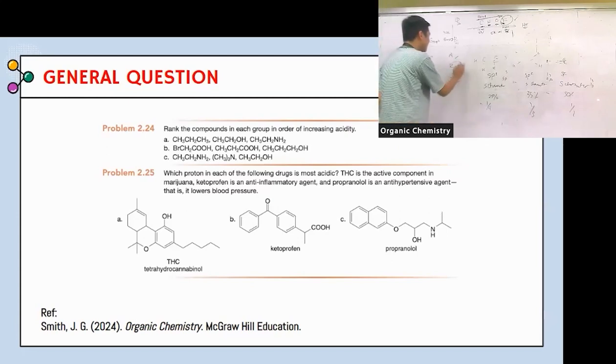The criteria that we use to rank this set of compounds is inductive and resonance. So as you can see here, the difference between the COOH and the CH2OH, your carboxylic acid and your alcohol, is the fact that carboxylic acids have resonance. And for the one with the Br, since the Br is quite far from the negative charge, we can use inductive effect to differentiate them. So for C, what is the criterion?